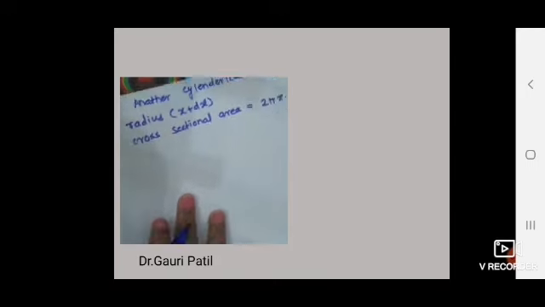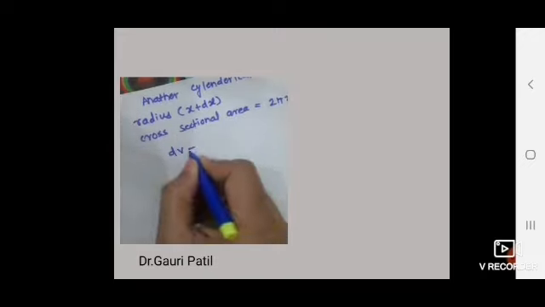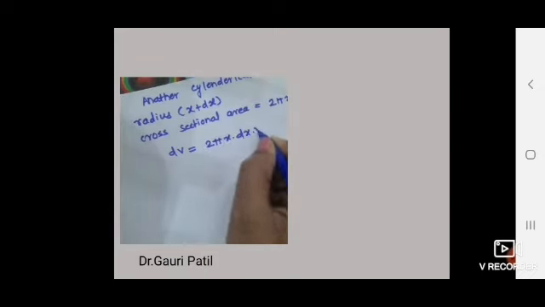So, if v is the velocity of the liquid between the two shells, the volume of the liquid flowing per second through this cross-sectional area is given by dV equal to 2 pi x dx into v.